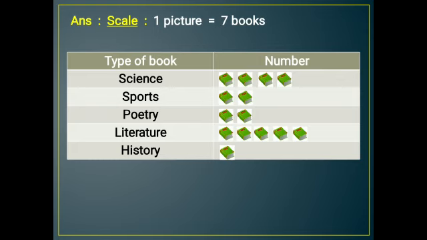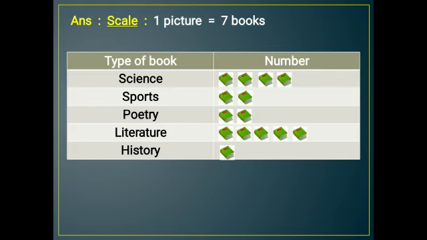Next, sports 14. So 7 twos are 14, so we will draw 2 pictures. Next, poetry 21. So 7 threes are 21, so we are going to draw 3 pictures. Next, literature 35. So 7 fives are 35, so we will draw 5 pictures.